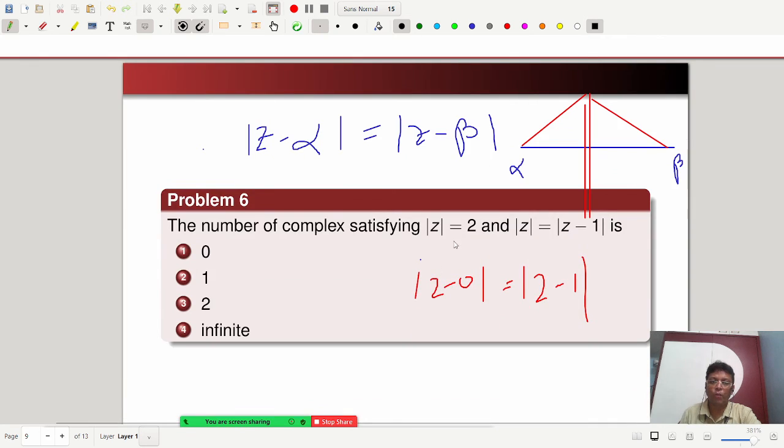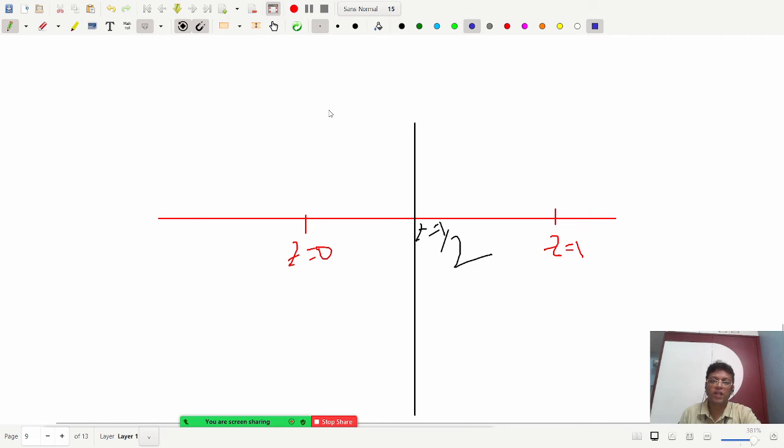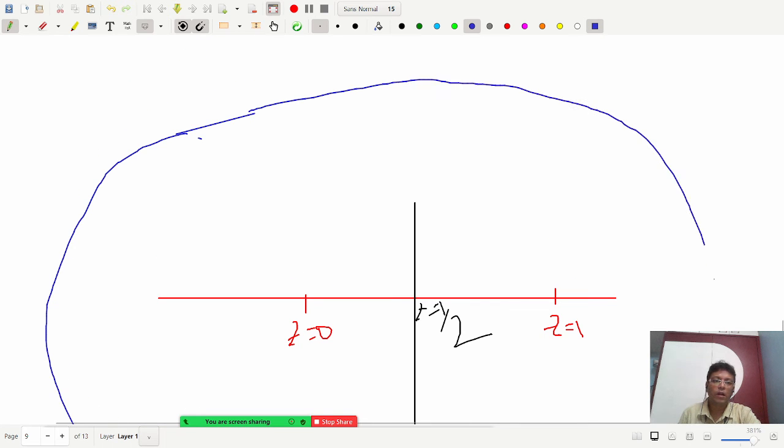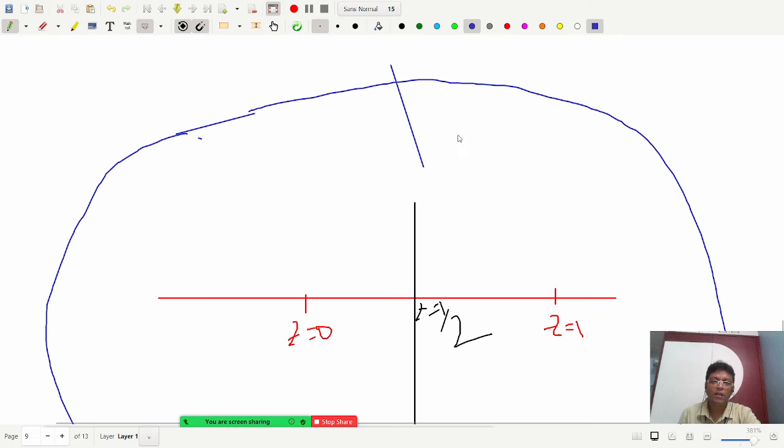And another thing, |z| = 2. What is |z| = 2? It is a circle with center at 0 and radius 2, so it will look like this, a bigger circle. I have drawn a big circle actually. So how many points are there? Just increase the length of your segment. Yes, this is the segment.